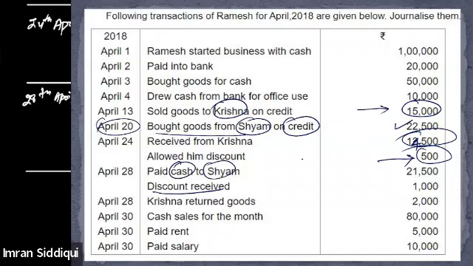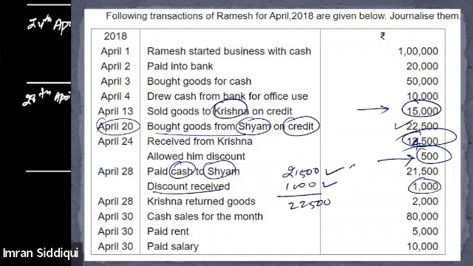But at the time of payment, Shyam is allowing us a discount of 1,000. So Shyam is accepting 21,500 and giving us a discount of 1,000. Instead of 22,500, we just need to pay him 21,500.